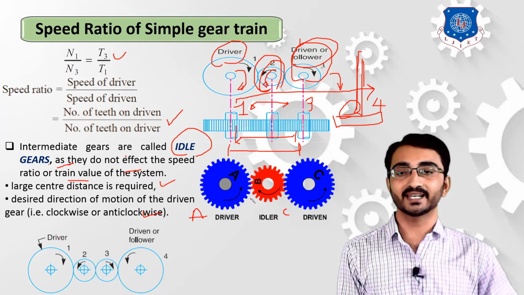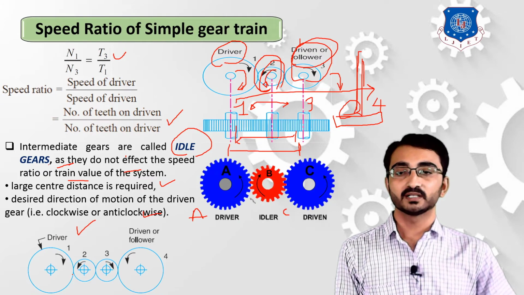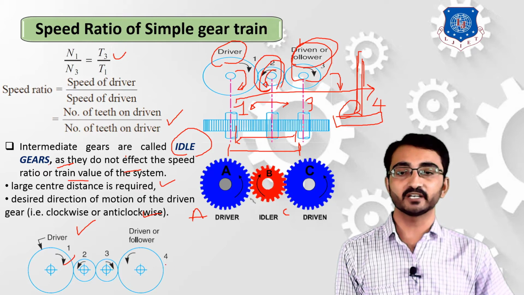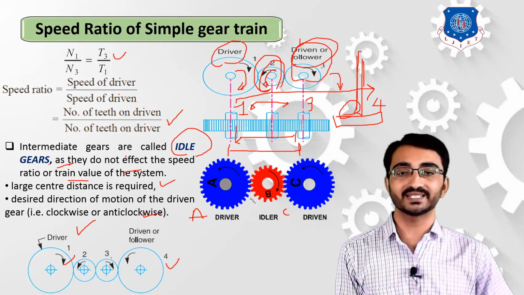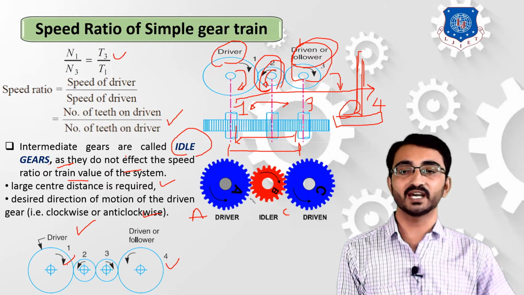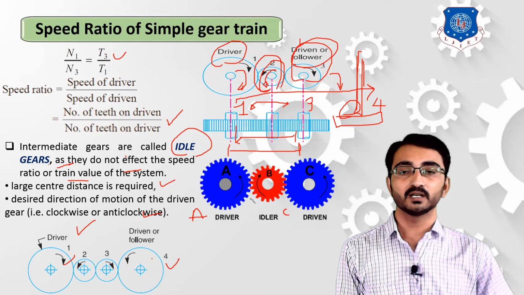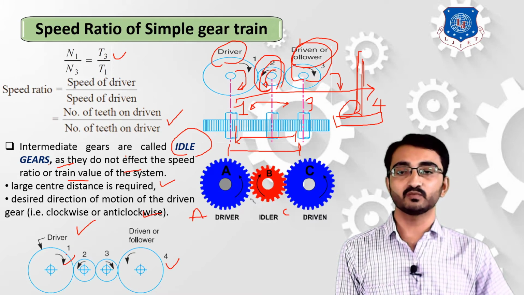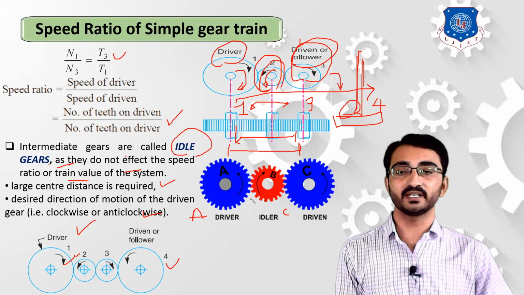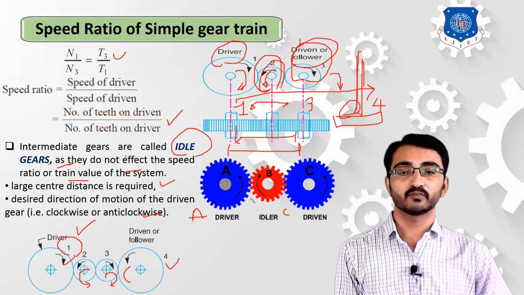Okay, in this diagram, I want gear 1 and gear 4 to rotate in opposite directions. In that case, we have to use 4 gears. A simple relation we can obtain: if 1 is rotating clockwise, then 2 will be anti-clockwise. Similarly, 3 will be clockwise and, in opposite direction, the 4th gear.